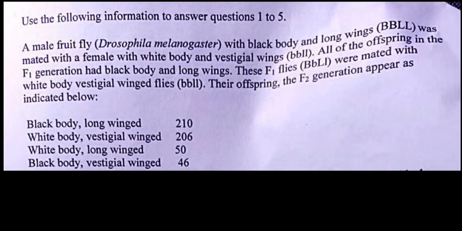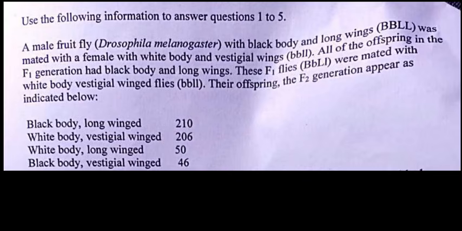So what you do after this, since you already have the observed values, you now have to calculate the expected values. How do you calculate the expected values? You have to know the ratios. And you can only know the ratios if you conduct the Punnett square, because this is a dihybrid cross. So what do we have?